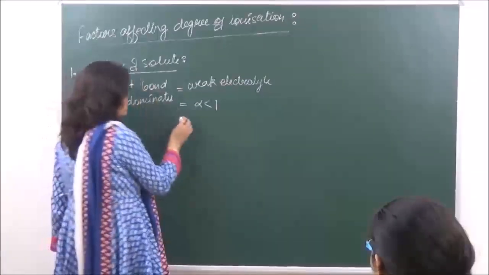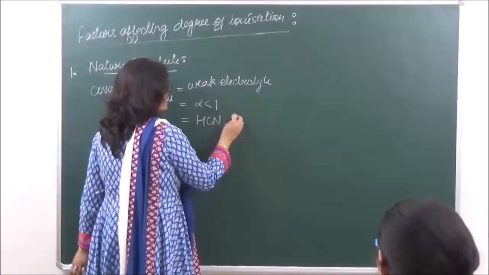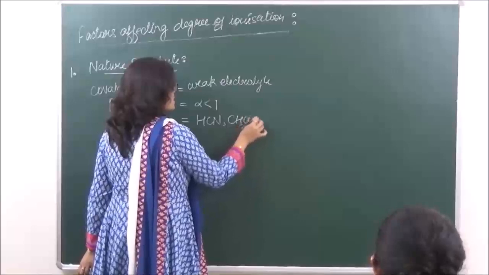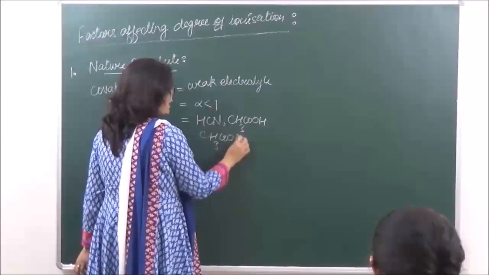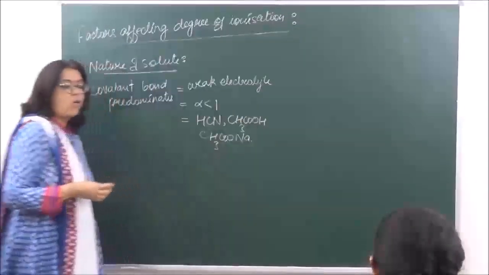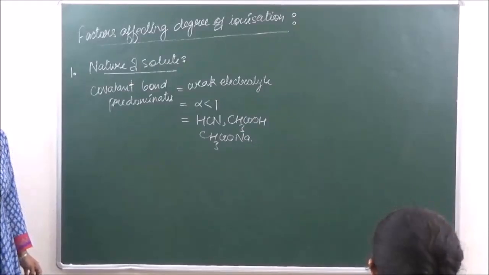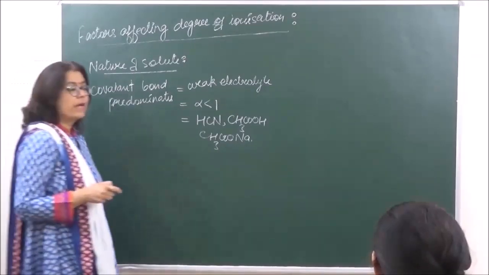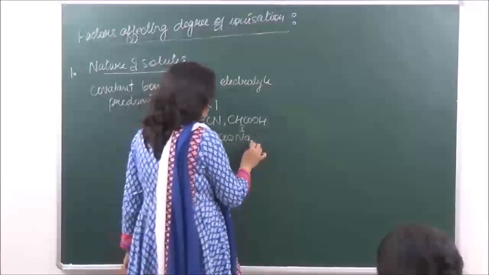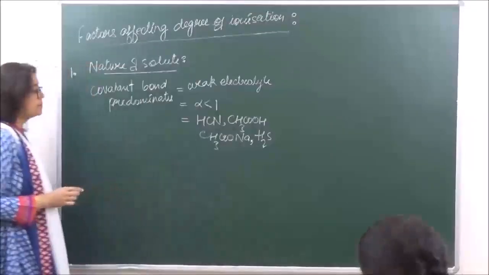Examples are HCl, acetic acid and CH3COONa, sodium acetate. In all these the covalent bond predominates, therefore the degree of dissociation is less than 1 and they are known as weak electrolytes. Another example is H2S, hydrogen sulfide.